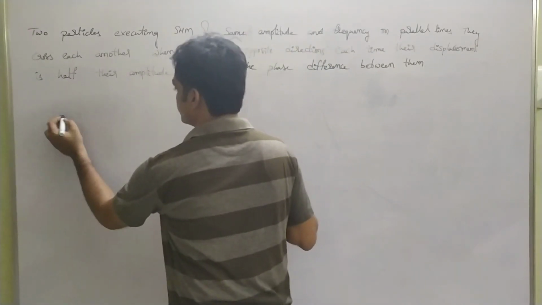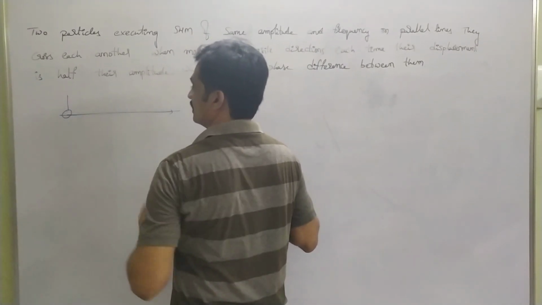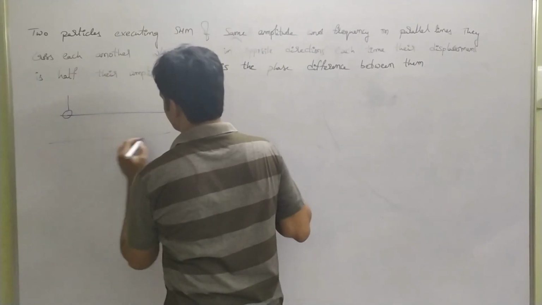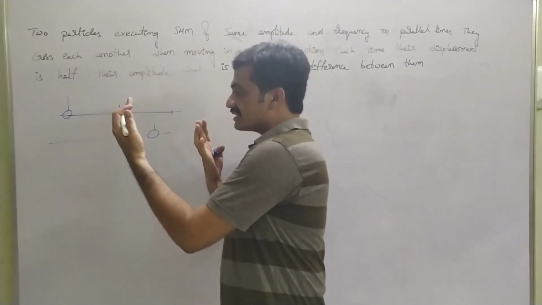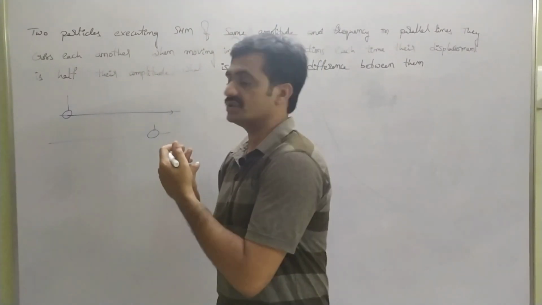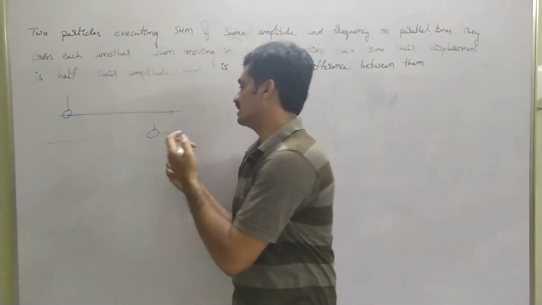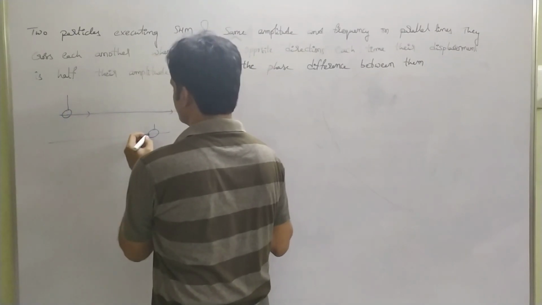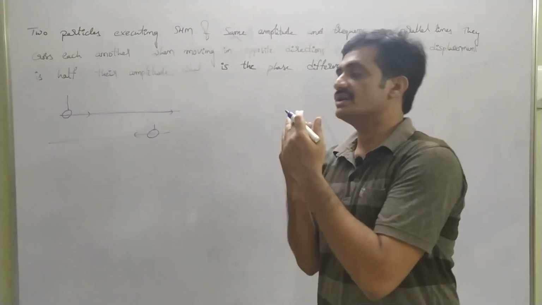So here I am going to consider a particle executing SHM and another particle executing SHM on a parallel line. When they cross each other, the displacement is half of their amplitude. They cross when they are moving in opposite directions, meaning one particle is moving along this direction and the other along this direction.